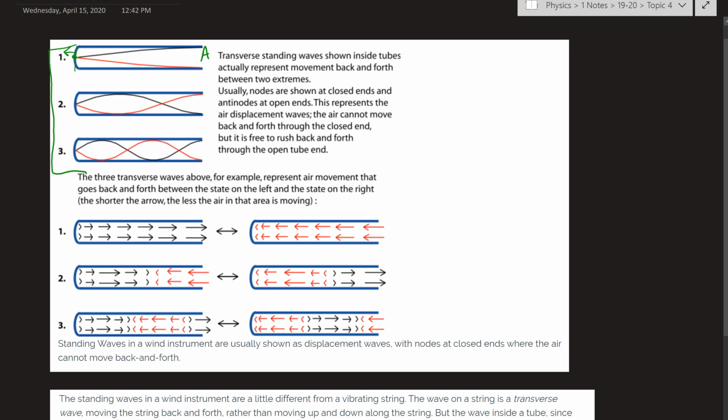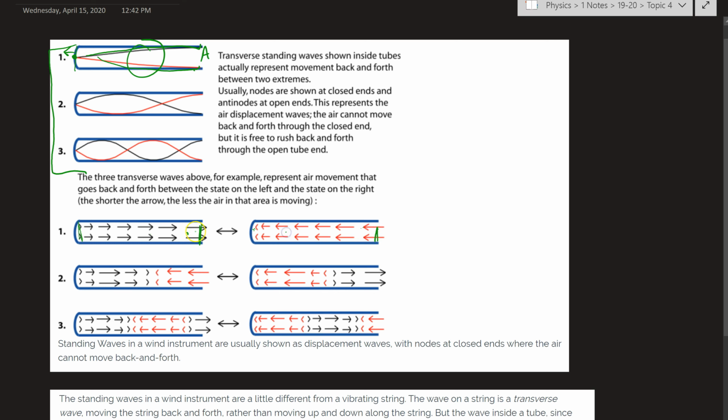Let's compare these diagrams. The first one right here, the simplest one, equates to, at one moment, all the air molecules moving to the right. And so right here, they don't have very much displacement, and at the end, they have a lot of displacement. That's the same as if the string were going up. And then the other extreme, where the string's going down, would look like this. The air molecules moving far to the left at this end, and then moving slightly to the left at this end.